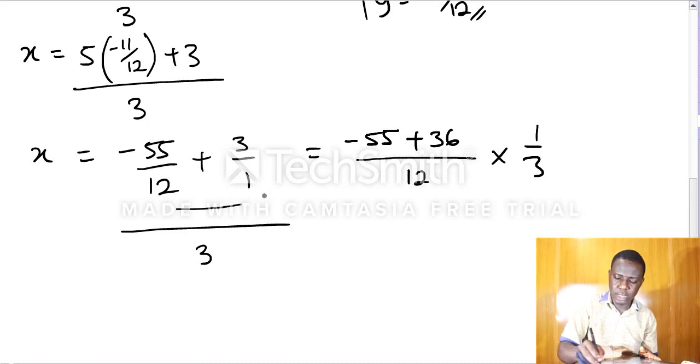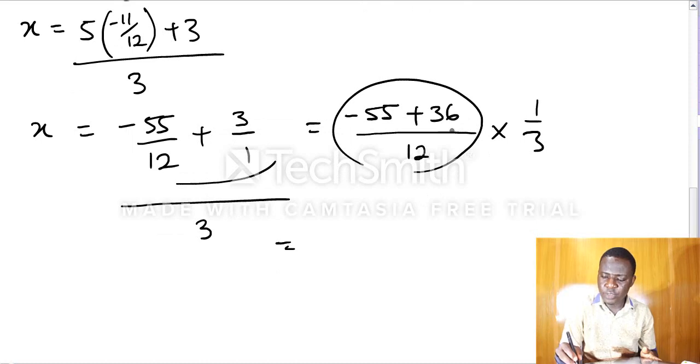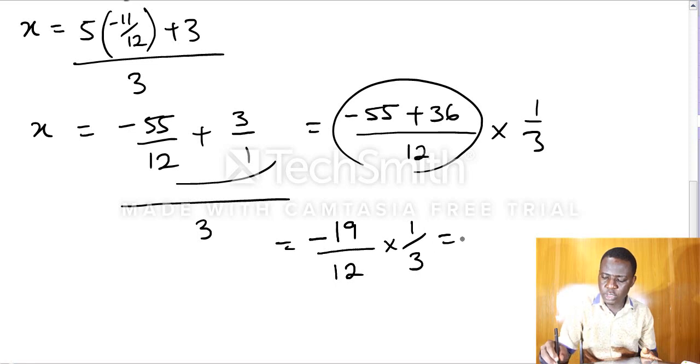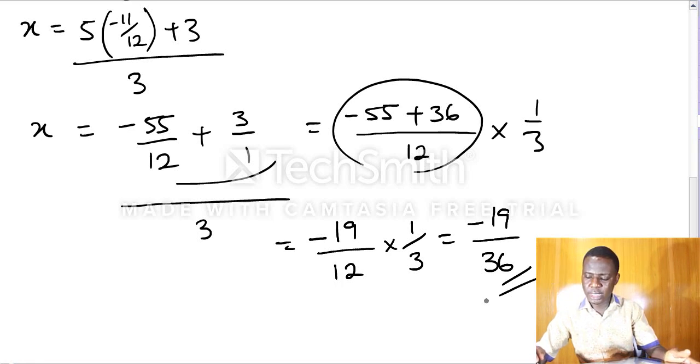So when you simplify, minus 55 plus 36 is minus 19 divided by 12 times 1 over 3, which is equal to minus 19 divided by 36 as your answer. And I don't think there's any factor that can divide both minus 19 and 36.